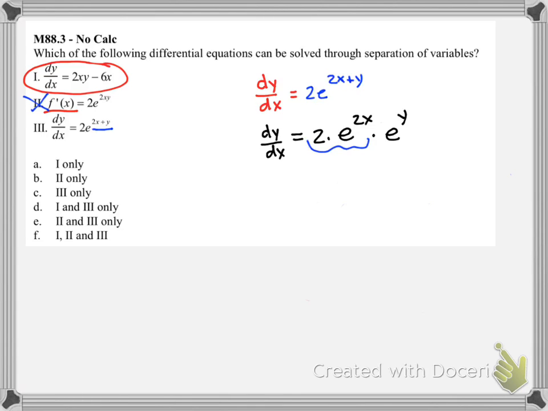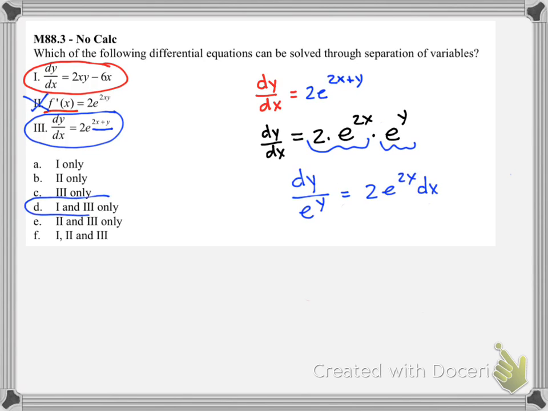We could lump these together and say this is a function of x, and here is a function of y. What would it look like? dy over e to the y equals 2e to the 2x dx. So 1 and 3 were separable, but the middle one could not be separated.